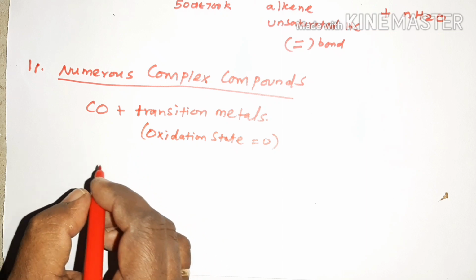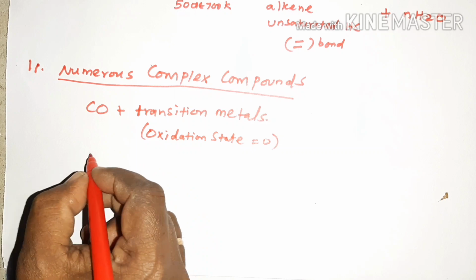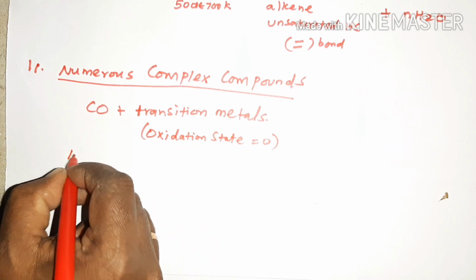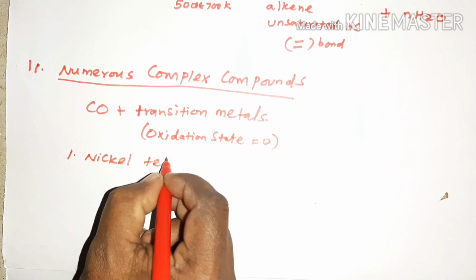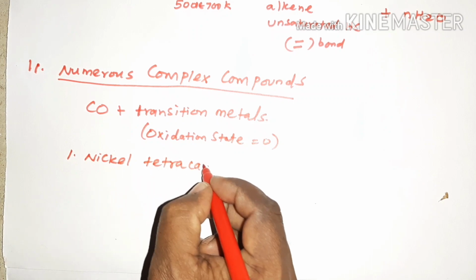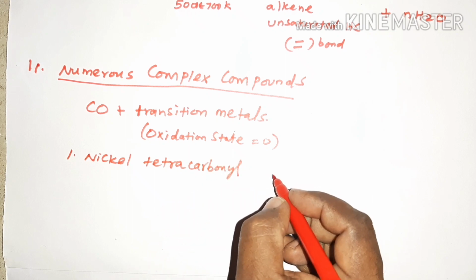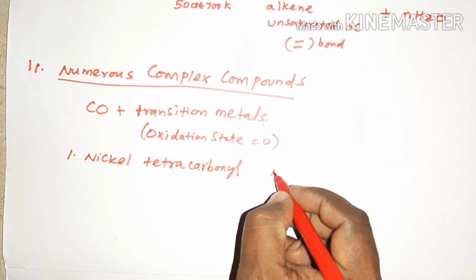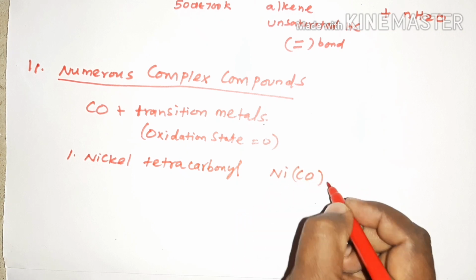Example 1, you can see nickel tetracarbonyl. The formula of nickel tetracarbonyl is Ni(CO)4.